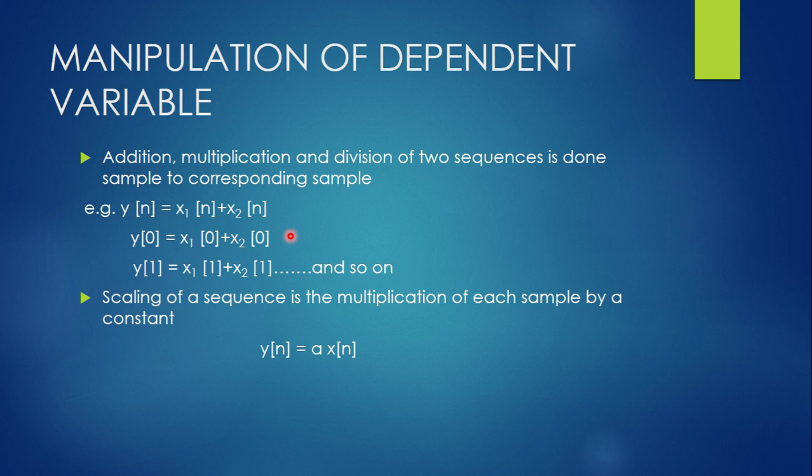Whatever operation you have to do, do it on the corresponding samples. If you have to add, add the 0th sample to the 0th sample, first sample to the first sample; multiply first with first, 2 with 2, 3 with 3. Scaling is the multiplication of each sample by a constant value. That is the manipulation of the dependent variable.